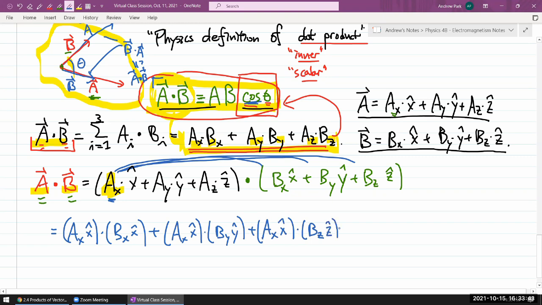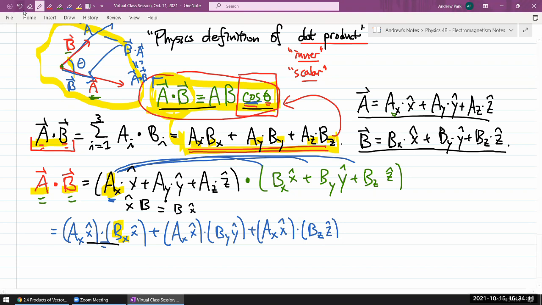Here we can use the commutative property, not of the dot product necessarily, but of the scalars, and scalars multiplying vectors. So whether I have the coefficient before x hat or after, it's the same thing.